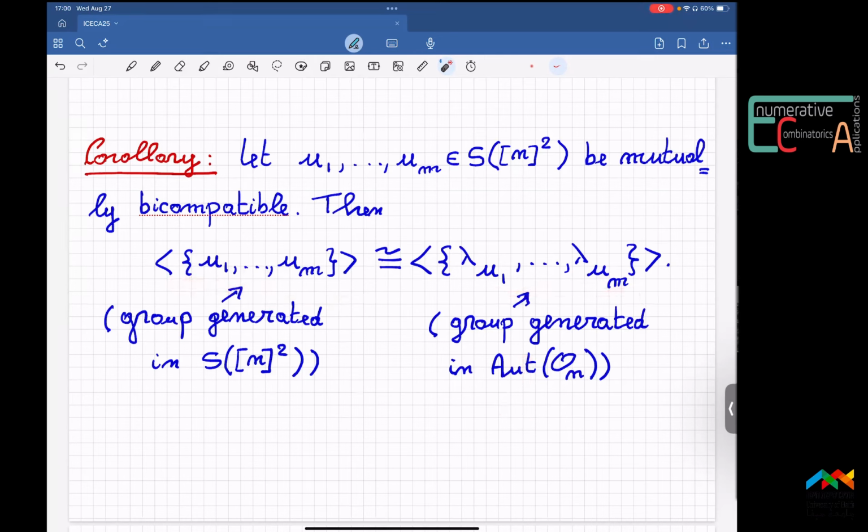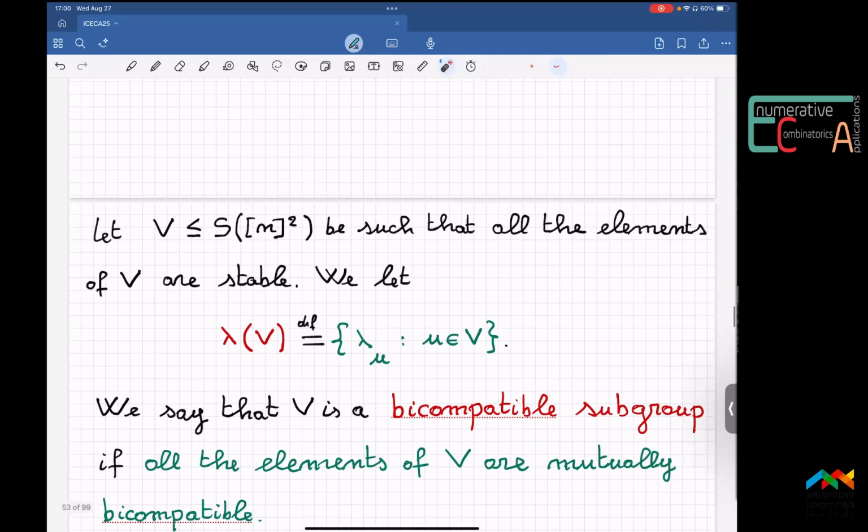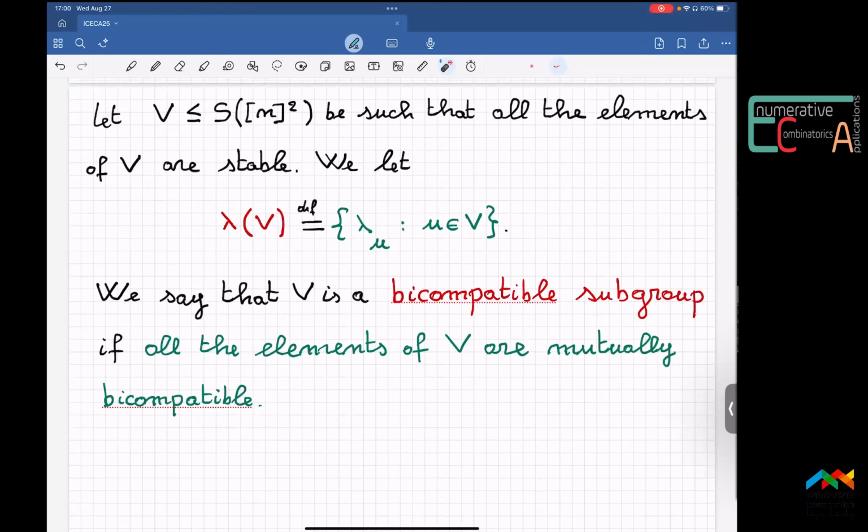Sometimes it was a slight variation, but often this was a good object to look for. Just one notation: if V is a subgroup of the group of permutations of n squared, and all the elements are stable, then I denote by lambda V the corresponding set of automorphisms. I think maybe I said it already, we call a B-compatible subgroup a subgroup in which all the elements are mutually B-compatible.